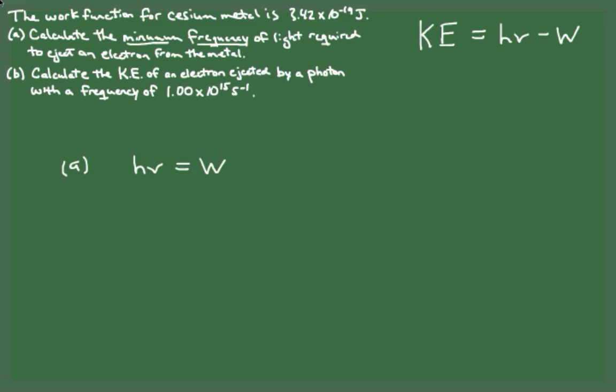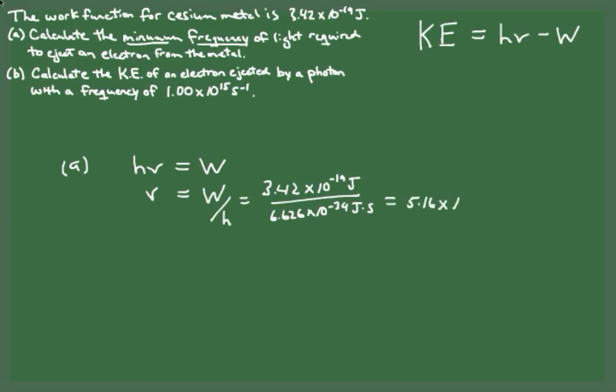In the case of calculating minimum frequency, we're going to set h nu, the energy of the photon, equal to the work function, dividing both sides by Planck's constant, and then inserting 3.42 times 10 to the minus 19th joule for the work function that was provided in the problem, and then 6.626 times 10 to the minus 34 joule seconds is Planck's constant, and this results in a minimum frequency of 5.16 times 10 to the 14th hertz.